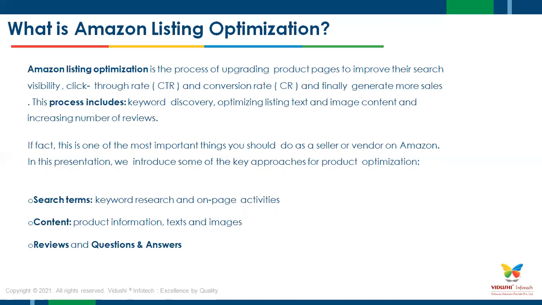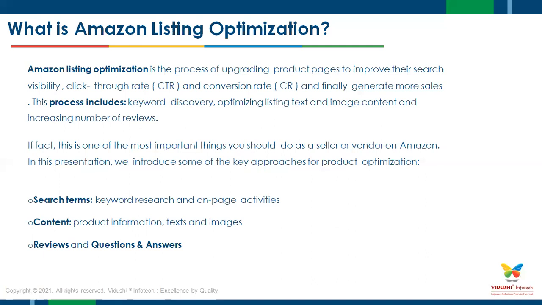In this presentation, we introduce some of the key approaches for product optimization. These are as follows: search terms, content, reviews, and question and answer. Search term consists of keyword research and on-page activities. Content, that means product information, the text related to product, and the product images. And reviews and question and answers.